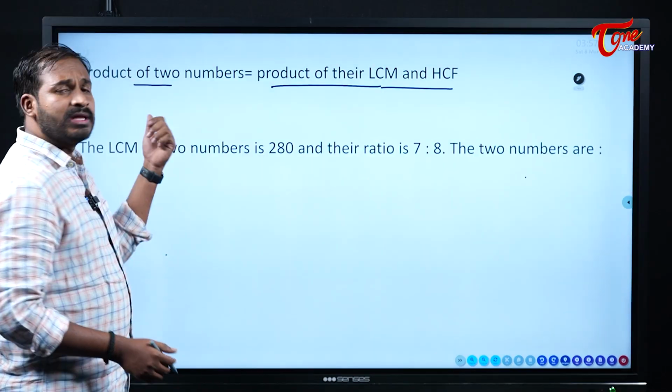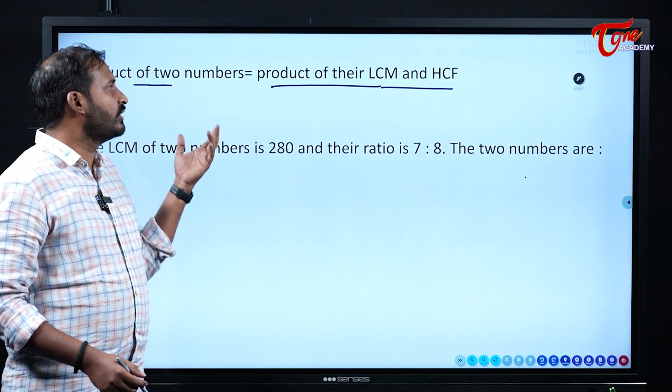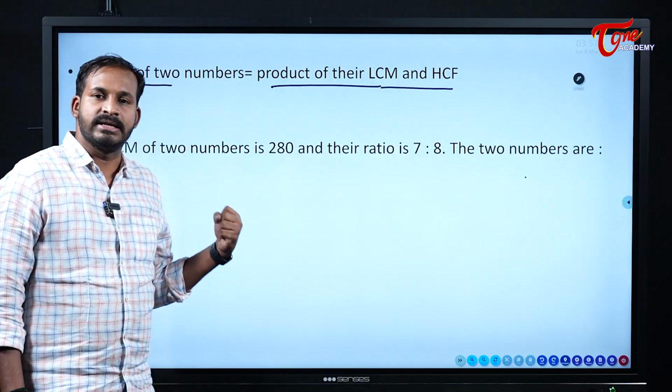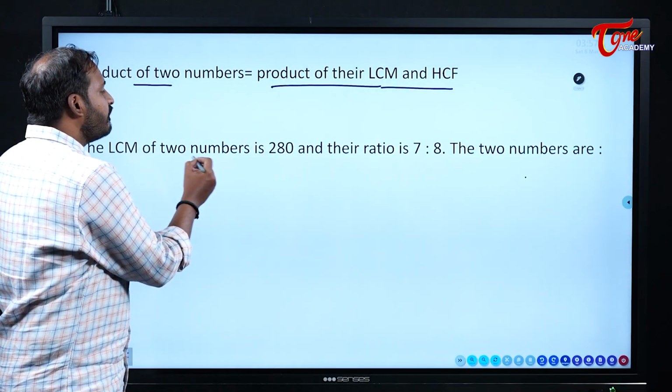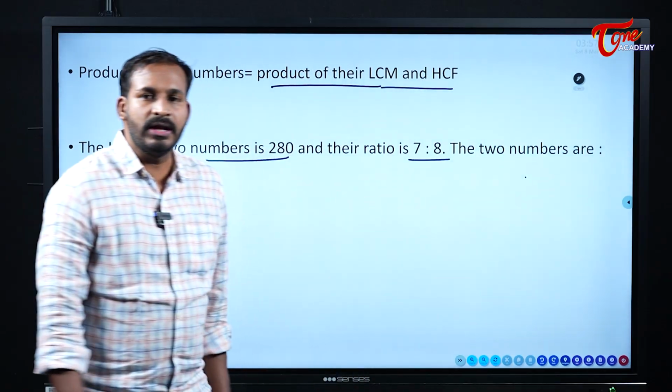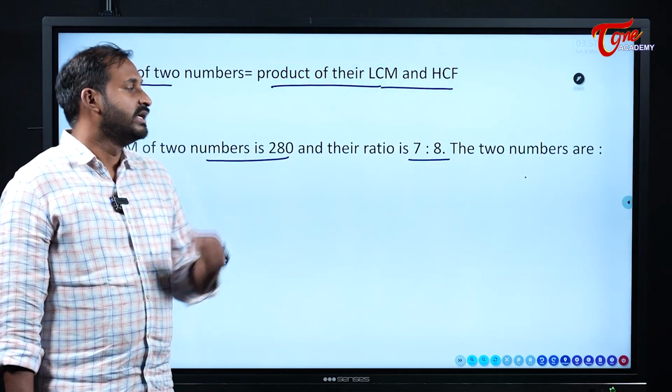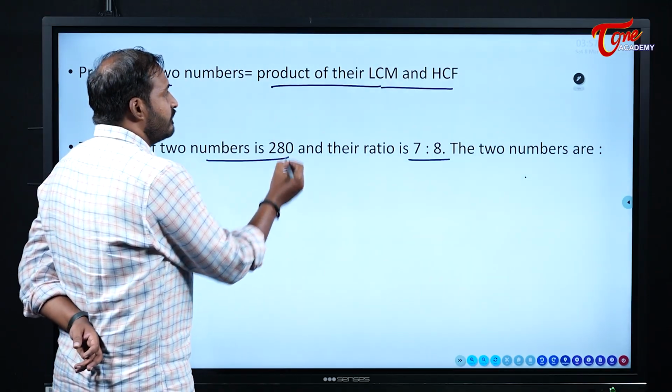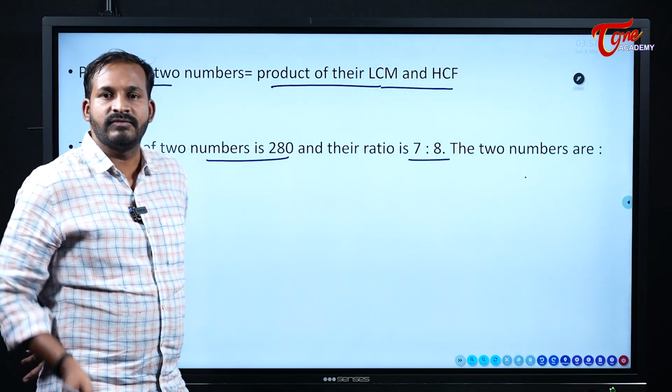The first formula in LCM and HCF is that the product of two numbers is equal to the product of their LCM and HCF. Next, the LCM of two numbers is 280 and the ratio is 7:8. Find the two numbers. We know the product of two numbers equals the product of their LCM and HCF.